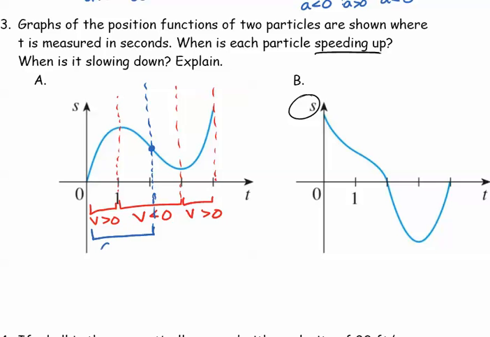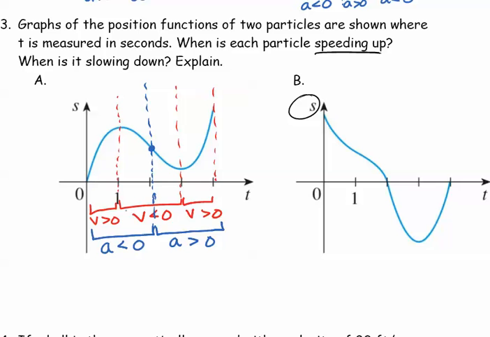So this looks like the second derivative, or the acceleration, is less than 0. And then from 2 to 4, it looks concave up to me. So the acceleration is positive. And you may assume when you look at these graphs that the inflection points and the minimums and maximums have been located at points that are easy to name.